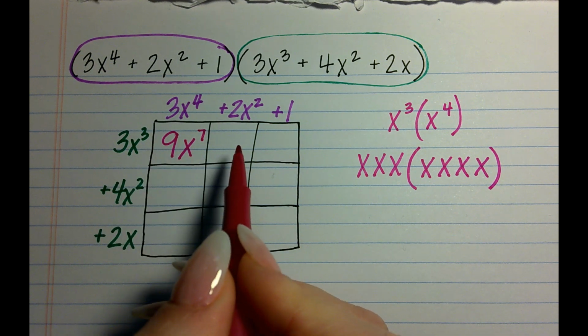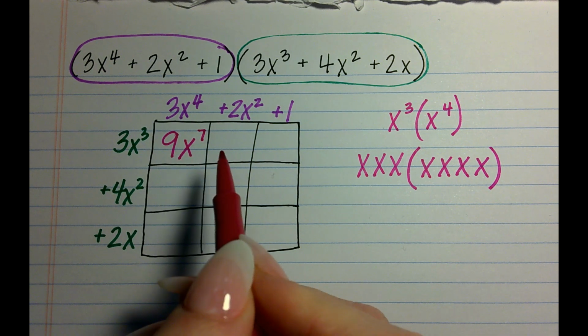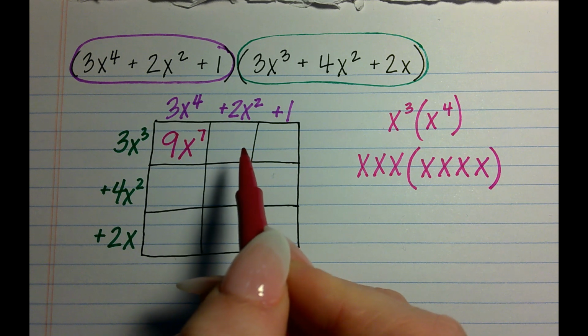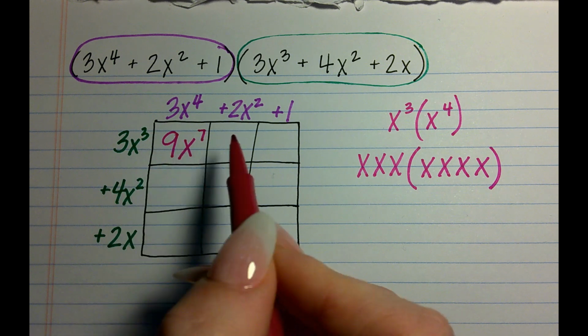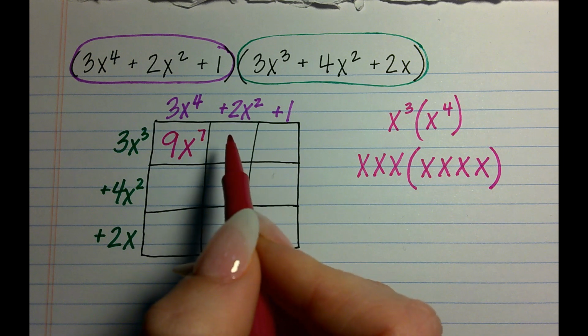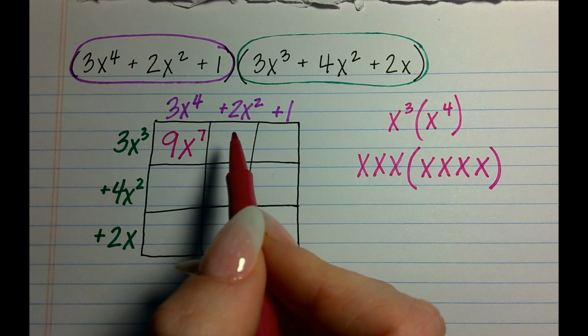Okay, how about my second box right here on the top row? Which two terms do we multiply? Oh, I'm sorry, 2x to the 2nd power times 3x to the 3rd power.